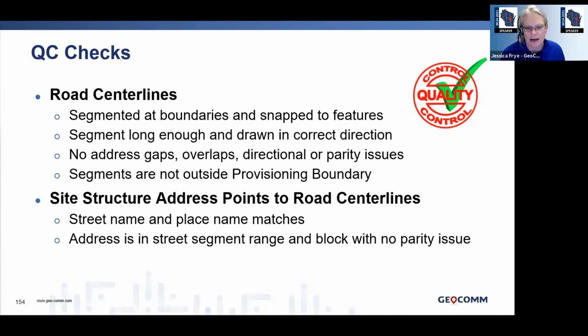We also look at directionality of not just the segment drawn direction, but also does it match the directionality of the ranging, and then parity issues. And when we were talking about the new fields for Next Gen 911, one of the fields that was rarely present in the local data was the parity left and right on the road center lines.